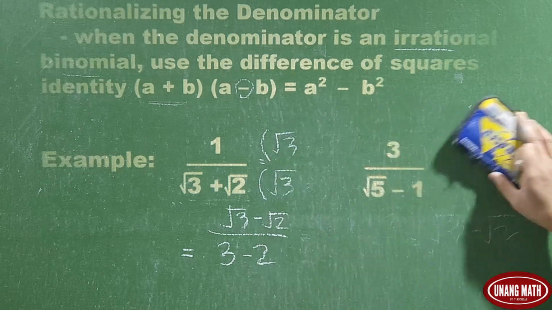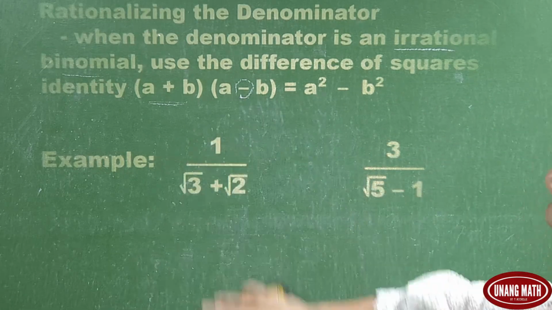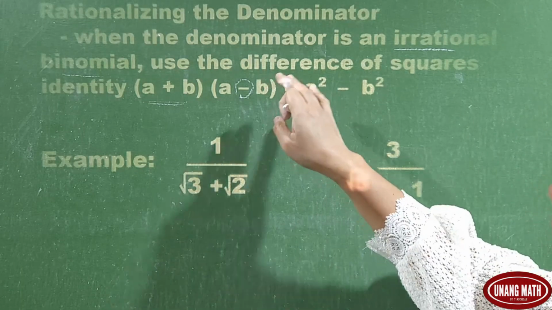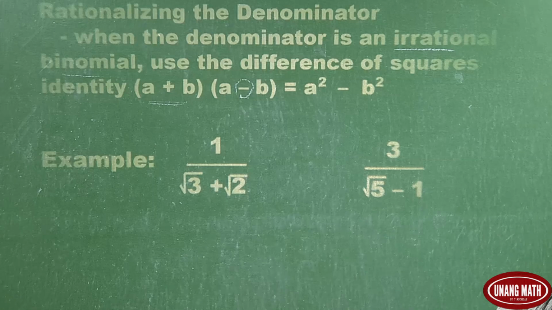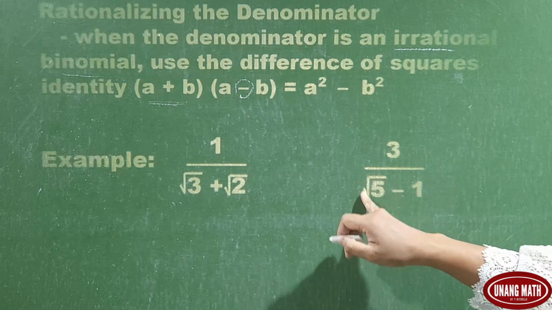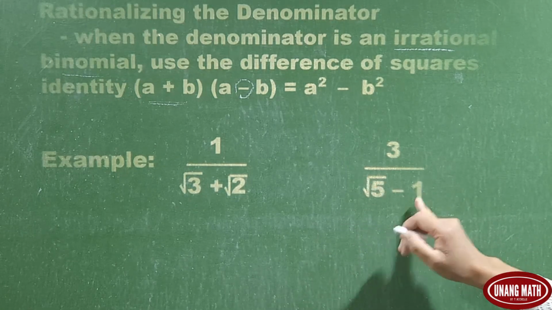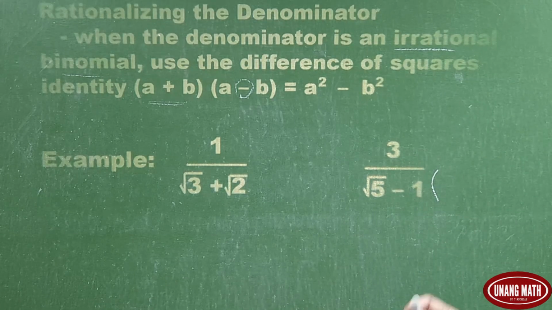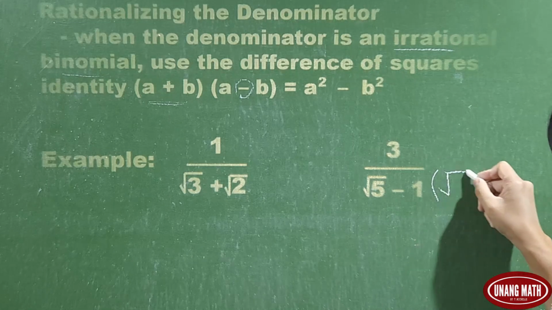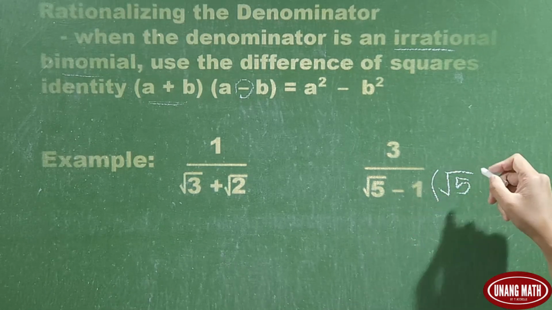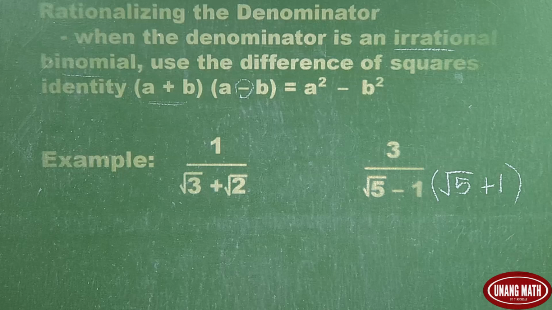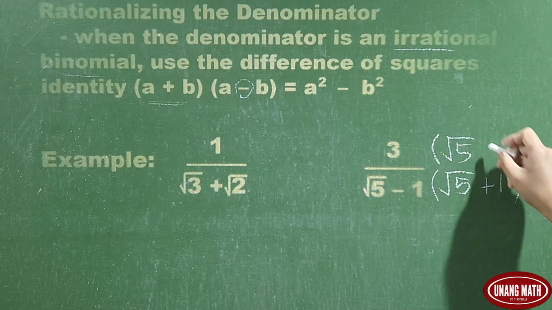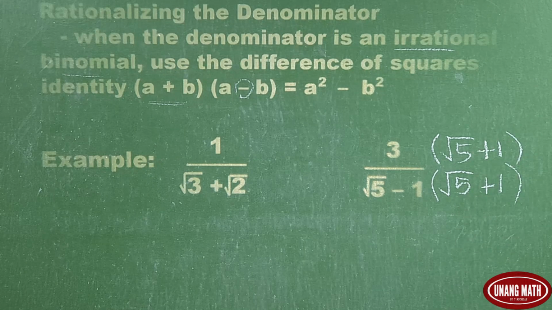Okay, what about another example? We have here 3 over square root of 5 minus 1. Let's rationalize the denominator using the difference of squares identity. Denominator is square root of 5 minus 1. So multiply this denominator by the same number but with different signs. So this is then times square root of 5 plus 1. Numerator is also times the square root of 5 plus 1.